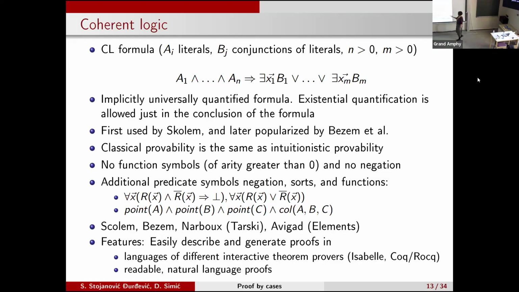But with Tarski's formalization and axiomatic system for elements, the formulas are the same. So if somebody looked at the paper of Professor Jeremy Avigad, they would see the same type of formula. So it is coherent logic. It just doesn't have the title in it that says coherent logic.